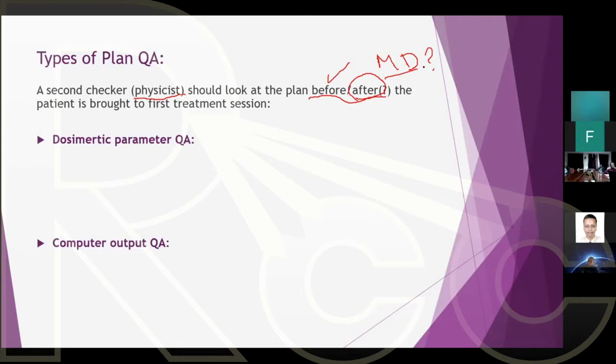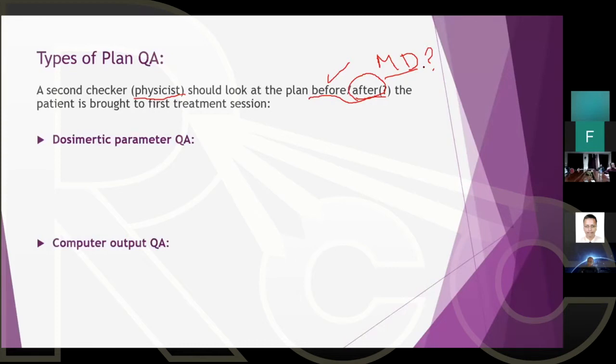So 2 out of 3 hospitals that I worked in go with this method. Planning is finished, and the radiation oncologist either agrees or disagrees with the plan. If the radiation oncologist doesn't like the plan, it goes back for planning, so another loop for planning. If the radiation oncologist likes the plan and approves it, then it goes for physics second check.